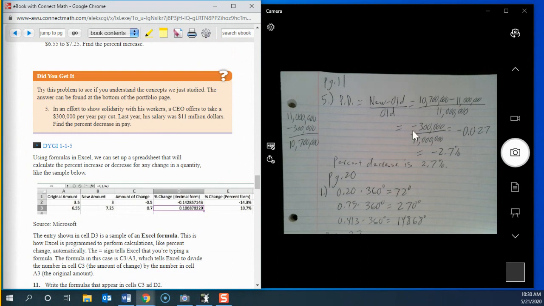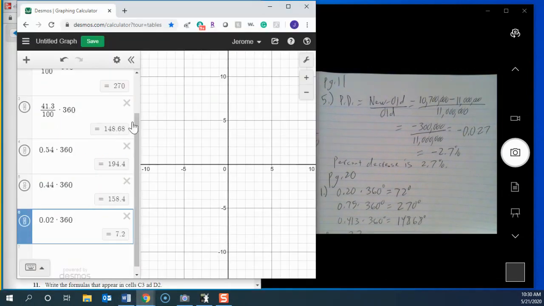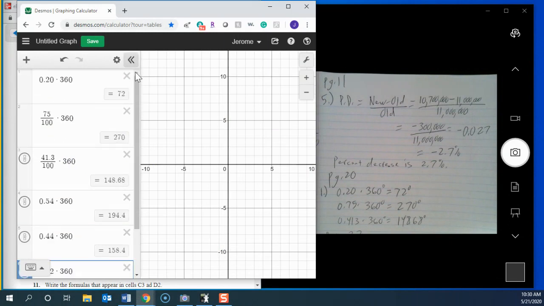Now, when we put this in our calculator, after we subtract, it would end up being a negative 300,000 divided by 11 million. And we will round this to 3 decimal places. I think I may still have this on my decimals calculator. Let me go back up here. No, I did not.